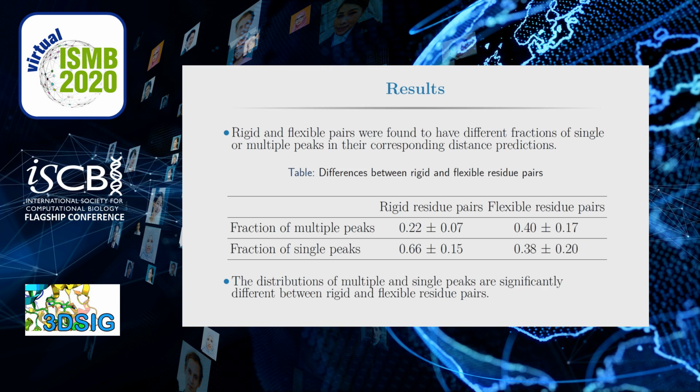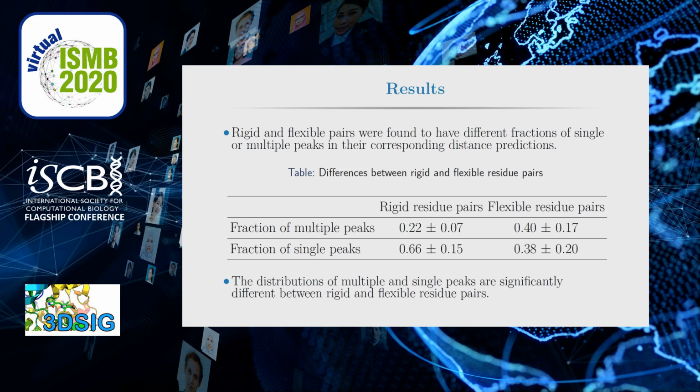And first we compared the fraction of multiple peaks, which we assume is an indicator for flexible residue pairs. And we found that rigid residue pairs have a low fraction of this, with 22%. And flexible residue pairs have a higher fraction of those, with about 40%. And then we also looked at single peaks, which we think is an indicator for a rigid residue pair.